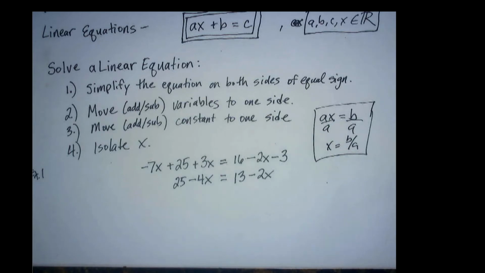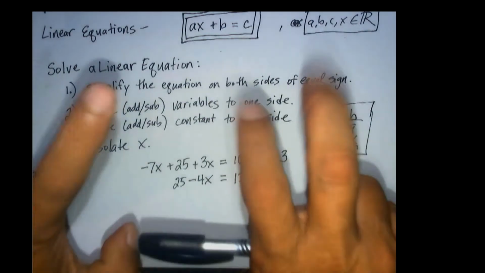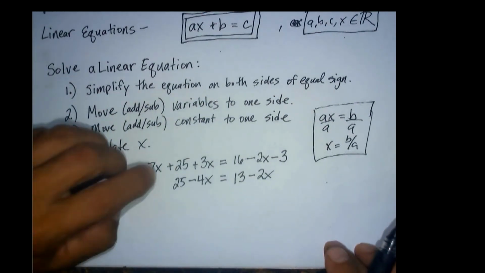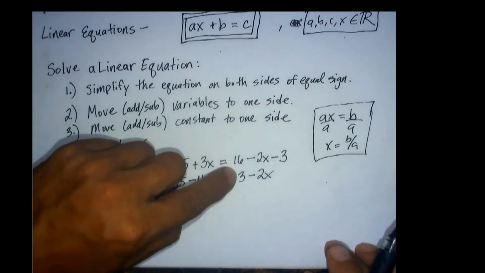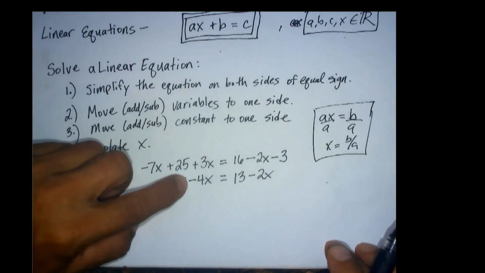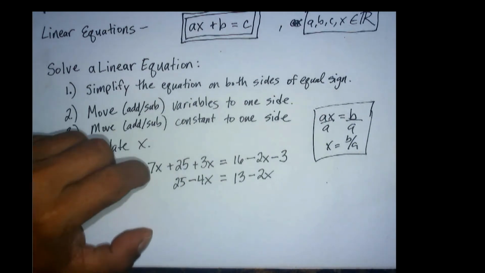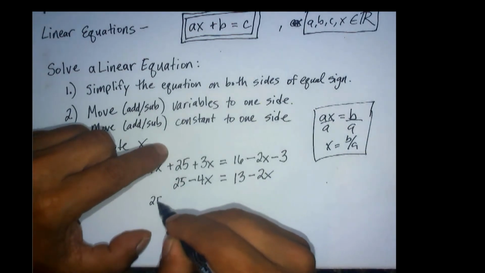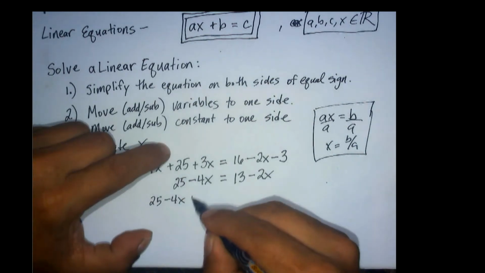Okay, now I say move, by add and subtract, all the variables on one side of the equation. So that means I don't want any variables on this side of the equation or this side of the equation. It's always easier to start with the biggest negative. What's the biggest negative? Negative 4, right? So the opposite of subtracting 4x is adding 4x.